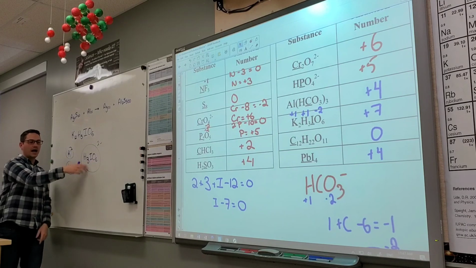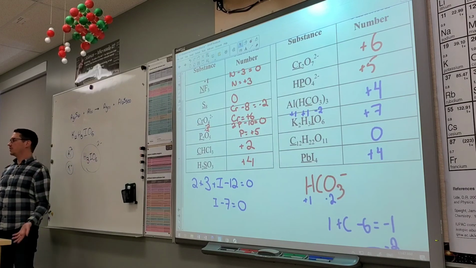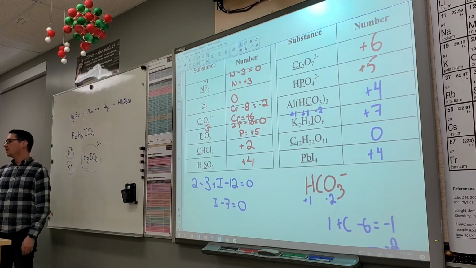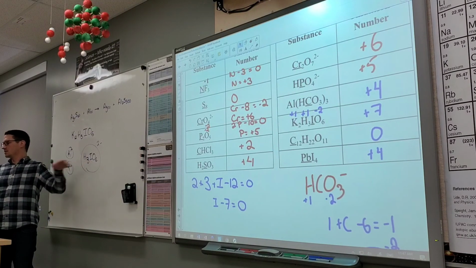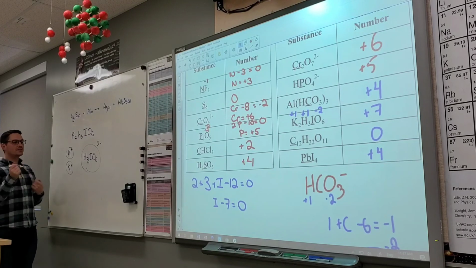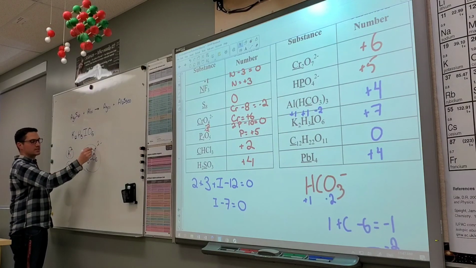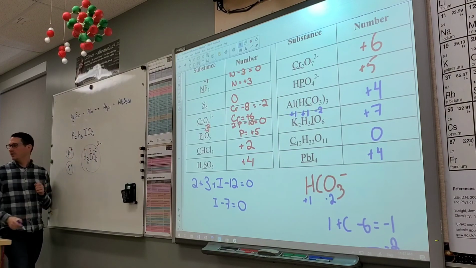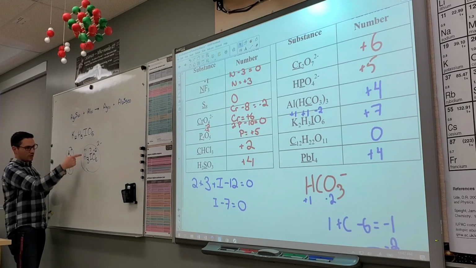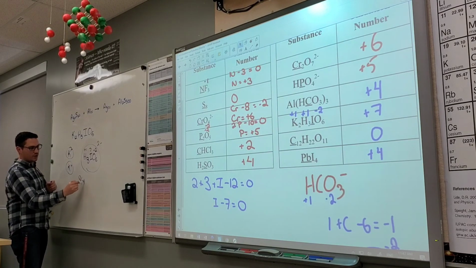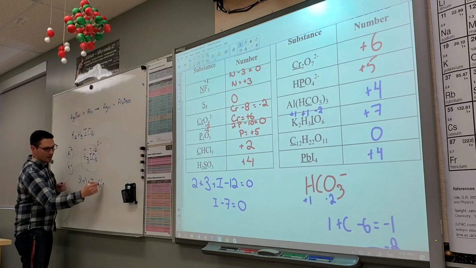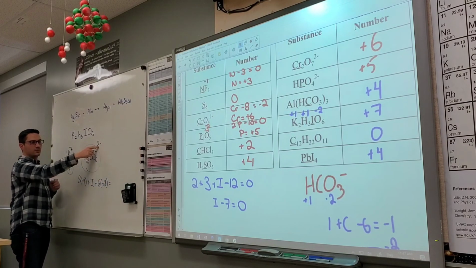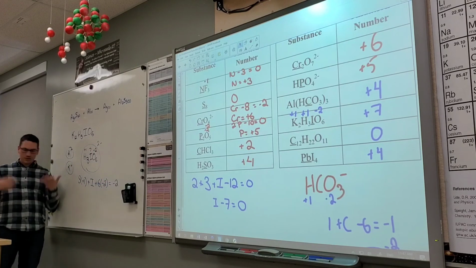No, it's a hydrogen periodate, whatever this is. So you can't treat this as an I minus all by itself, because it's got a bunch of bonds. So we say, okay, this is +1, this is -2, and we don't know what that is. So 3 +1s and an iodine and 6 -2s has to equal -2. And then you just figure it out.